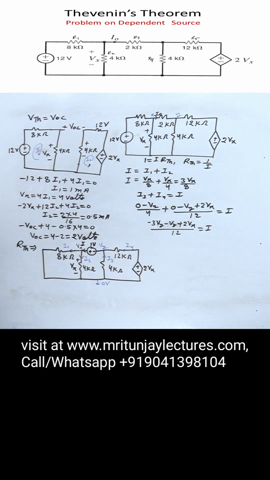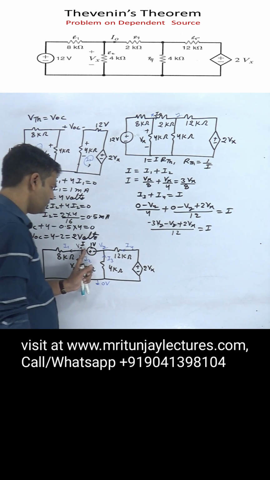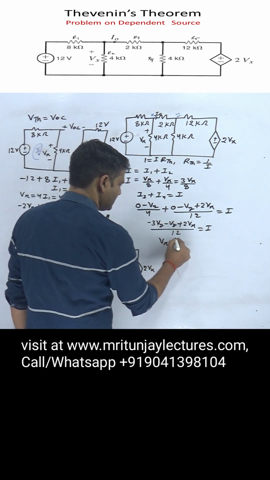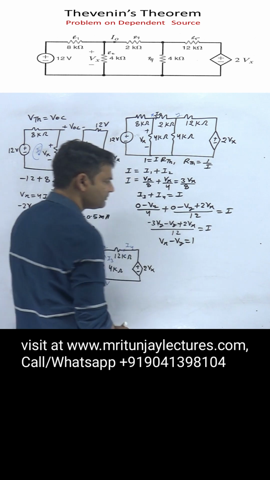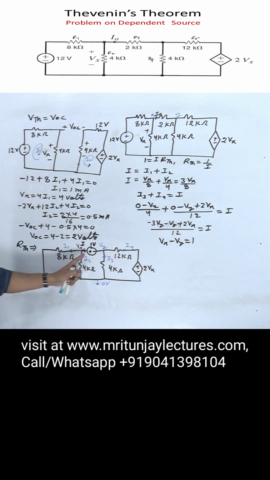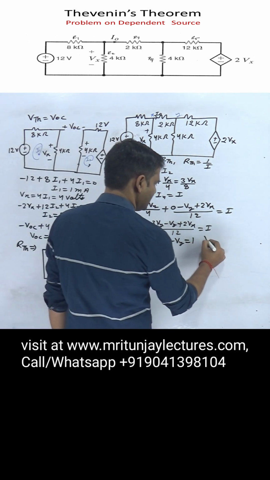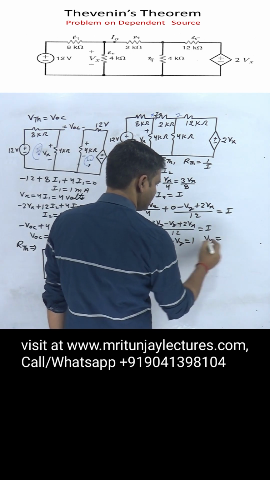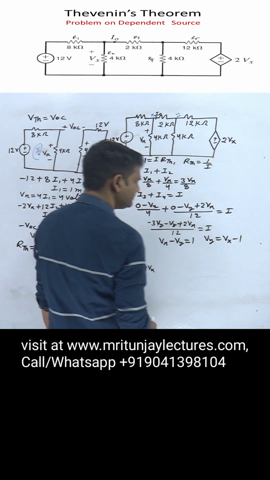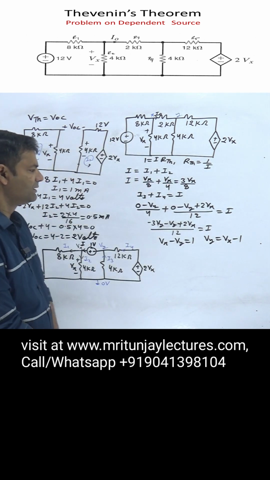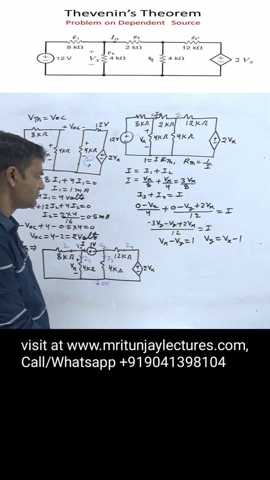Okay, I know that Vx minus Vy equals 1 volt. So you can say Vy is replaced by Vx minus 1.